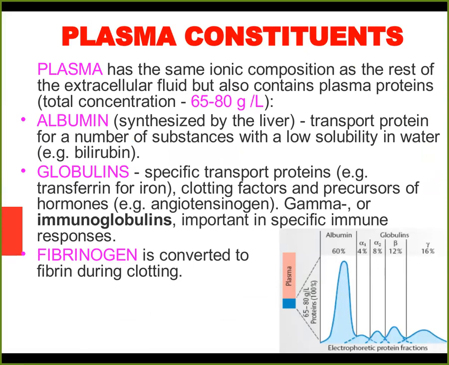And the most important main components of plasma are proteins. The total amount of proteins is 6 to 8%, or we may measure it by weight, about 65 to 80 grams per liter.